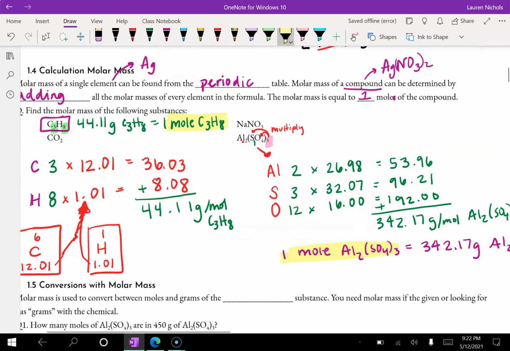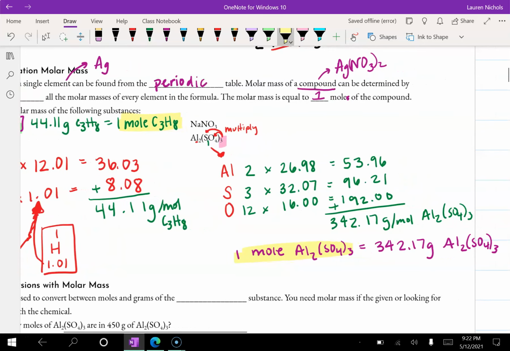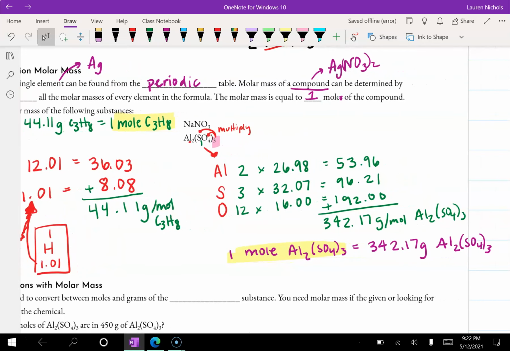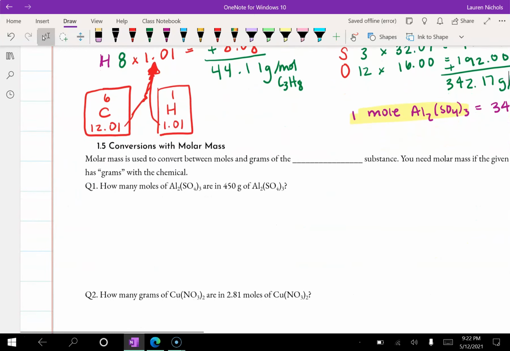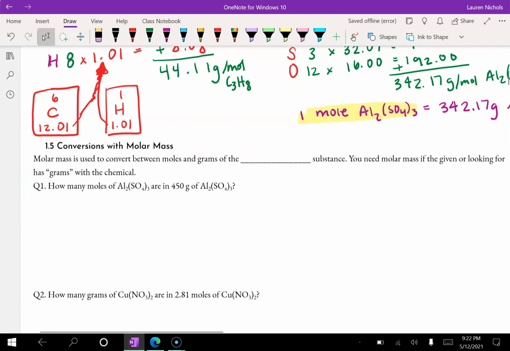They're going to have different masses. The grams is going to be different, but the 1 mole stays constant with molar mass. And so we can use molar mass to make conversions between grams and moles of the same substance. Okay, so we can use it to make conversions.